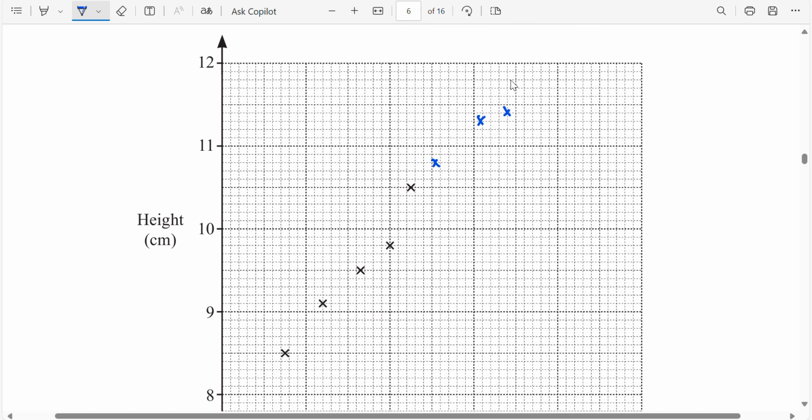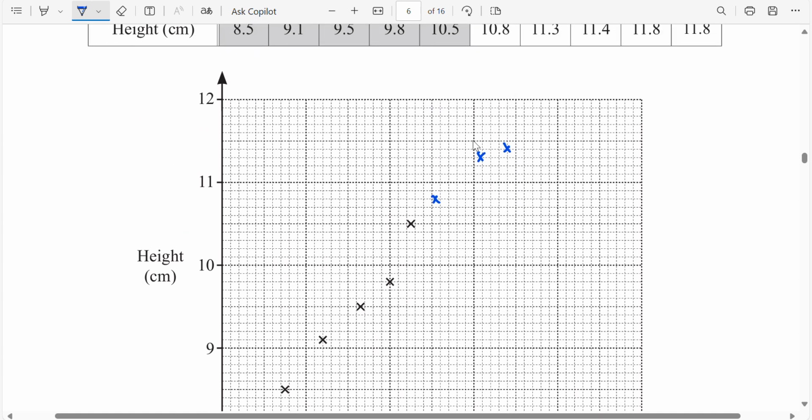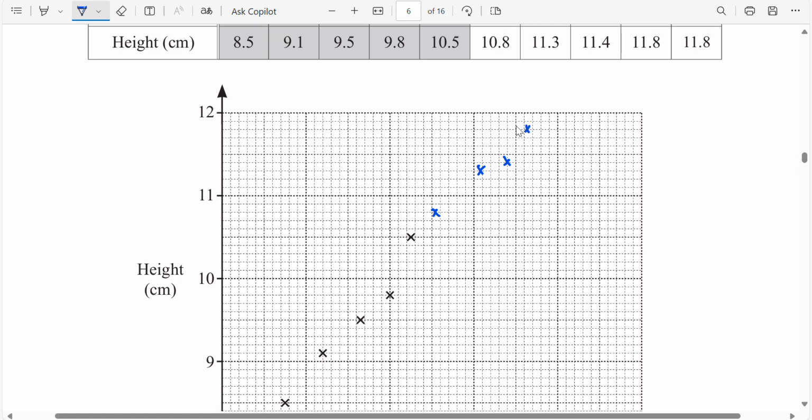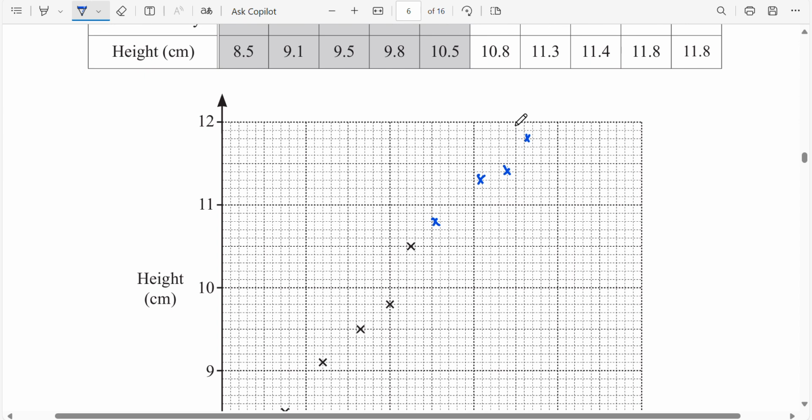So this is 70, 72, and 73 will be somewhere in between, and 11.8. And the next is 80 and 11.8. So this is 80 and 11.8.